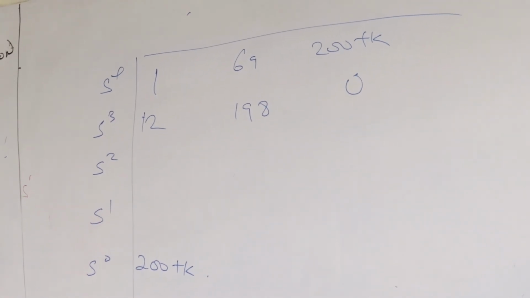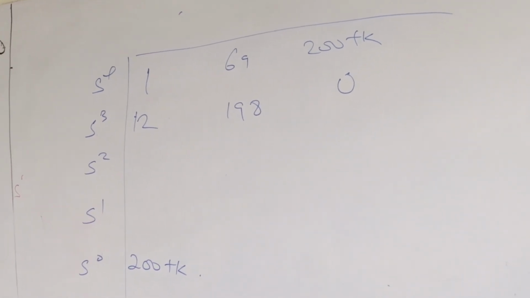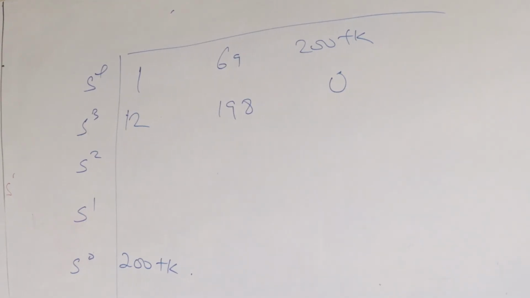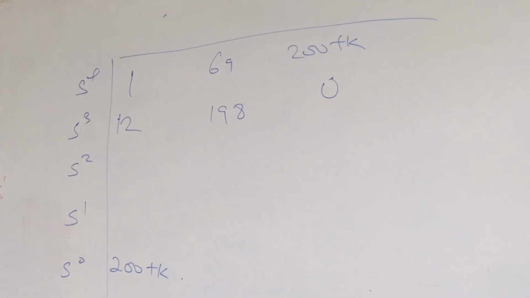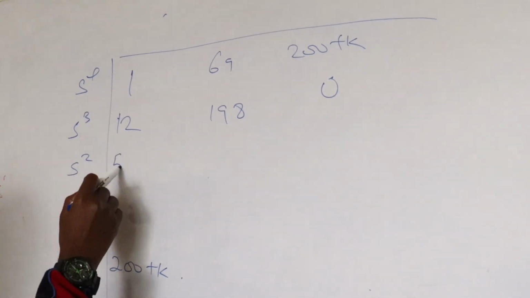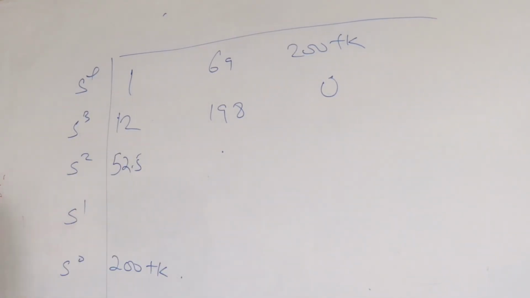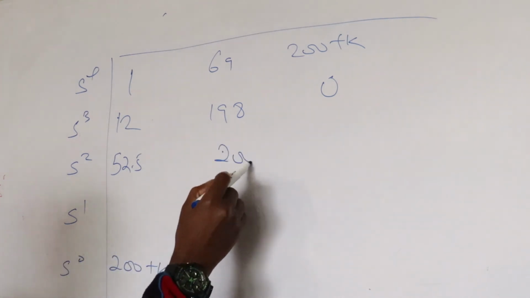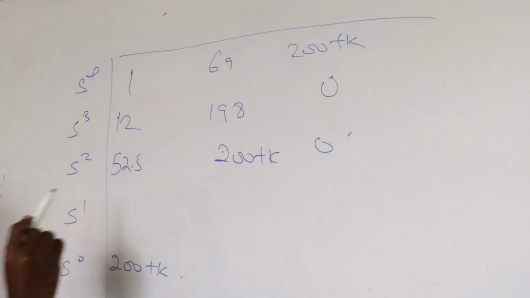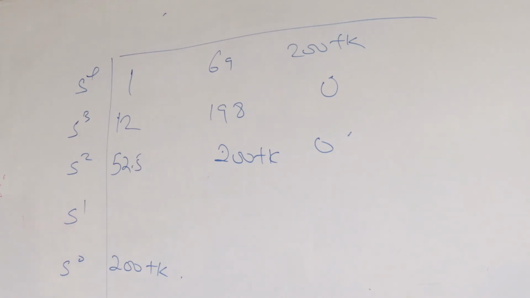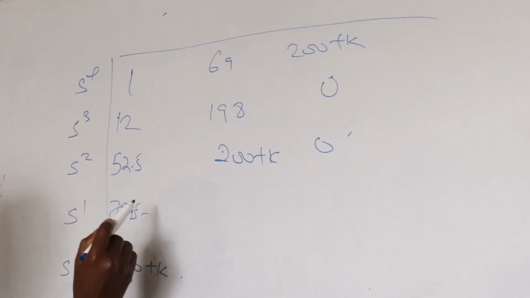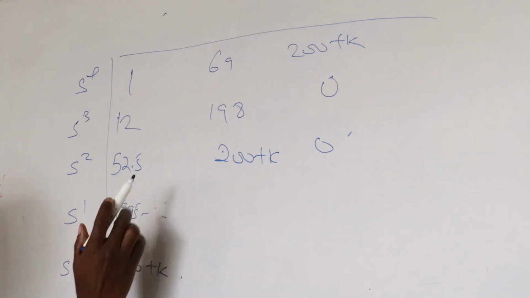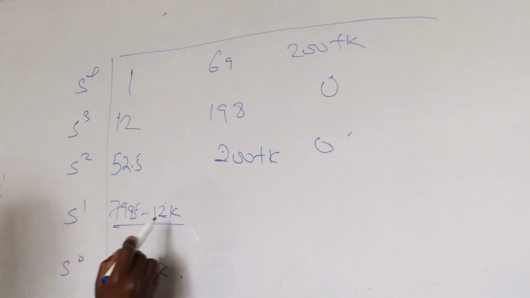And have you done all the calculations? 52.5 here. 200 plus K. This one does not exist here. 79.95 minus 12K all over 52.5.